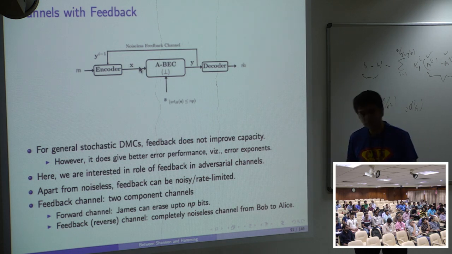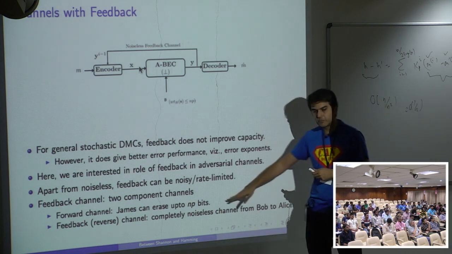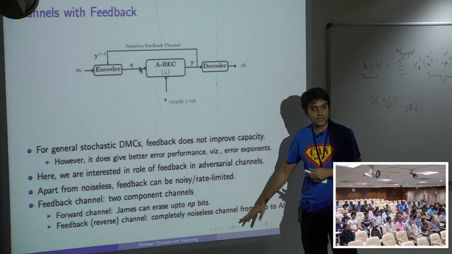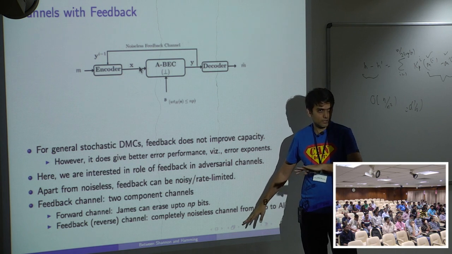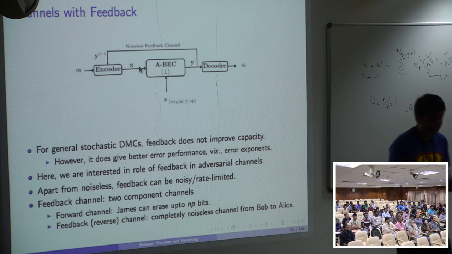So suppose we focus on the channel model we've been using as a benchmark so far, the erasure channel. In the forward channel James can erase up to np bits, and in the reverse channel he can observe, but not corrupt in any manner, everything on the feedback channel. If this is the model we start off with, it's actually quite straightforward.